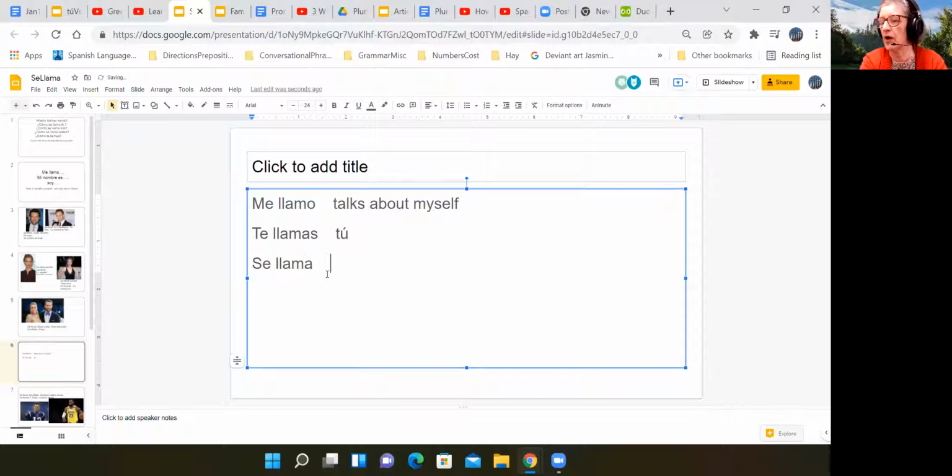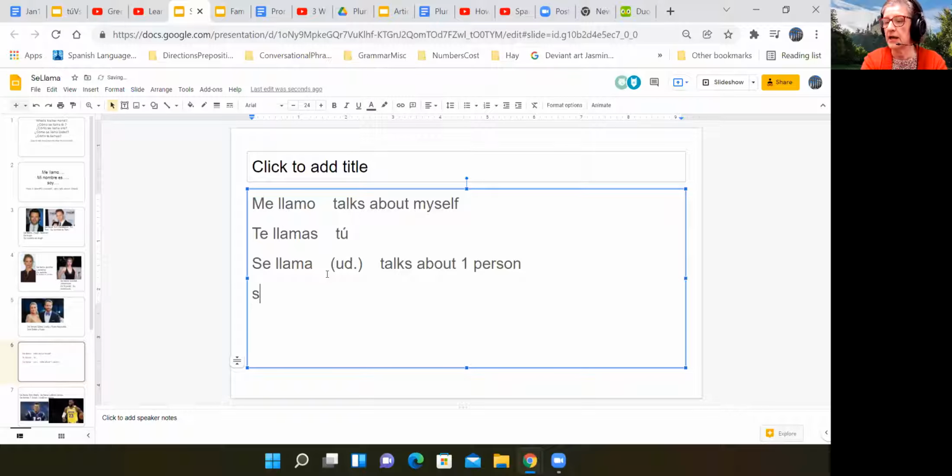Se llama is always the form used with usted, but also to talk about one person. So se llama talks about what his name is, what her name is, the formal, polite you, usted.